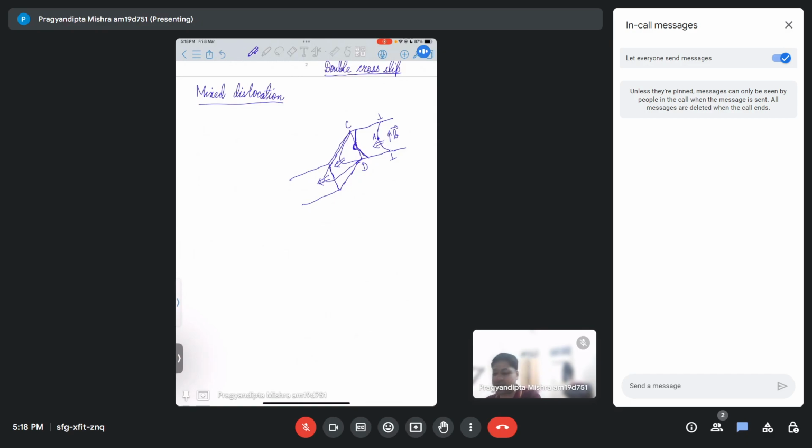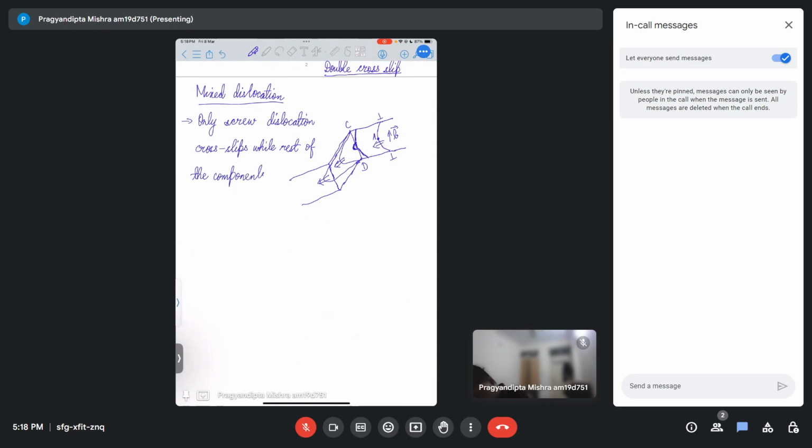Okay, so for mixed dislocation you can write down: only screw dislocation cross slips, while the rest of the components get regenerated onto the new plane.